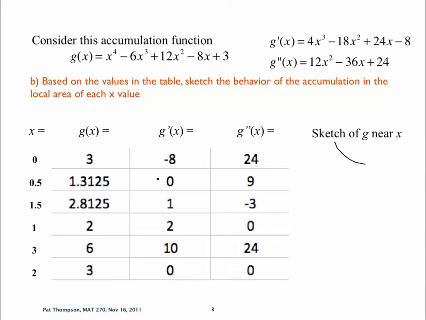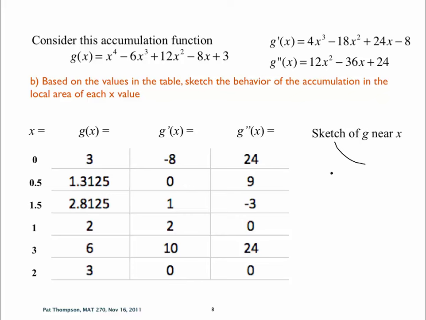Okay, this one. What's happening to the actual function g? It's not 0. This is the derivative. The rate of g is 0, which means pause. It means it's pausing at 1.3. And also, the second derivative positive means that the first derivative is increasing. So we have a pause with an increasing rate.